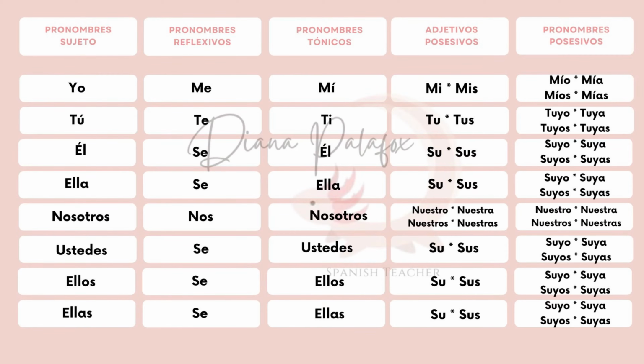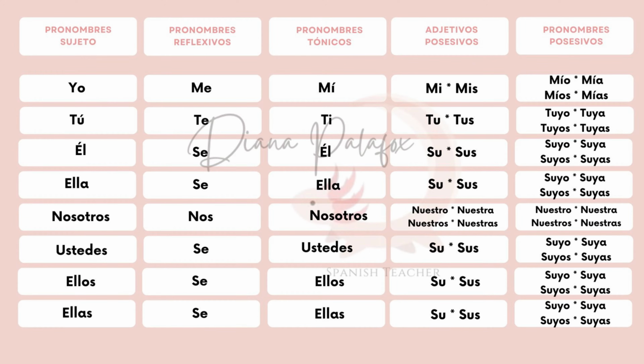Now you are going to see an image, and in that one it's going to have all the pronouns and one adjective that we are going to use and explain in this video. I'm going to be working more with the first person, yo, but it is going to be the same use with the other persons. Let's see this chart. The first one is the pronoun for subject. You use this one when you want to explain that you are doing the action.